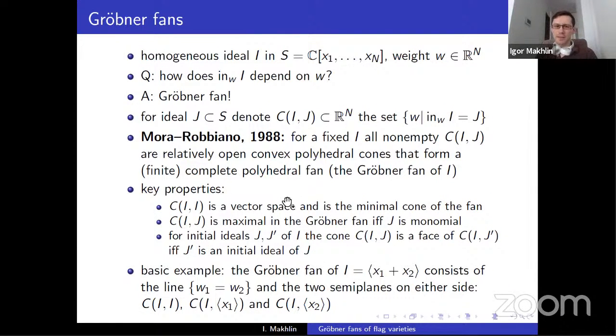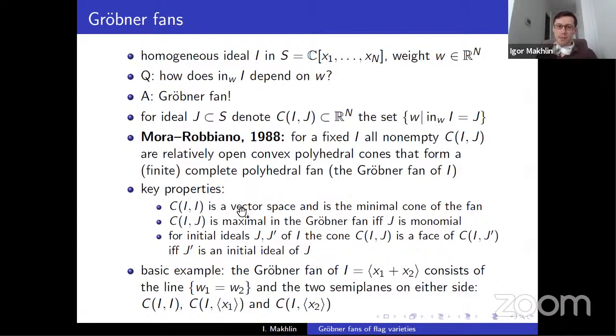CII, the minimal cone in our fan, is usually a linear space of positive dimension, and it is the apex of every cone. So there is no point. The minimal cone is some linear space of positive dimension. Actually, if I is homogeneous, this is always the case: it always has dimension at least one.